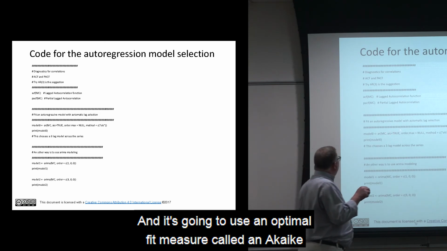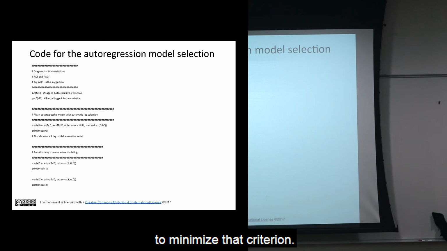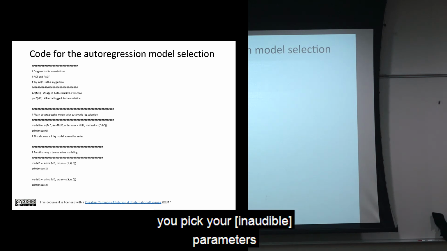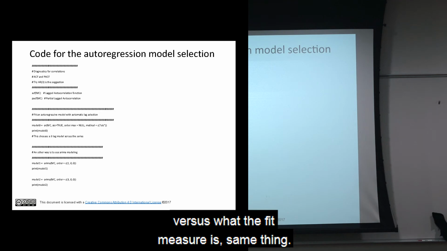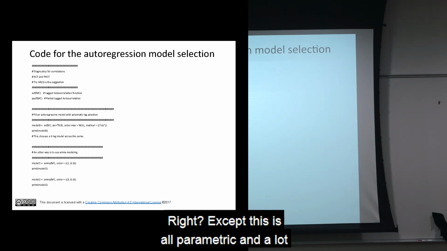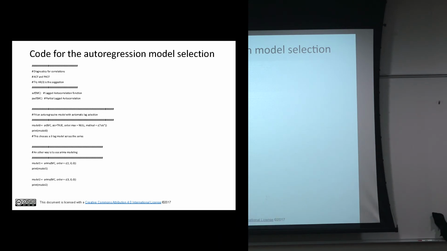It uses an optimal fit measure called an Akaike information criterion, an AIC, and minimizes that criterion, picking the best model that makes it as small as possible. This is like picking your tuning parameters in a machine learning model, and on the other side you have some fit statistic, always trading off how much tuning you have versus the fit measure. Same thing, except this is all parametric, and a lot of that other stuff is non-parametric or semi-parametric.